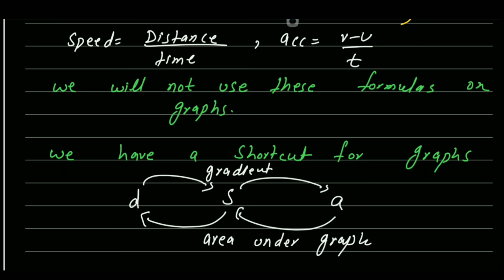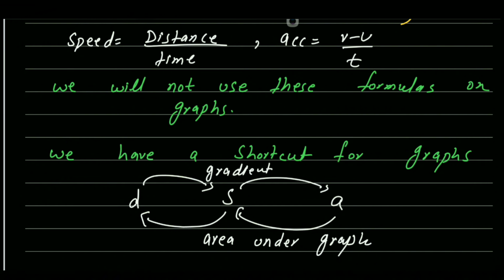D means distance, S means speed, and A means acceleration or deceleration. So if we have to find speed from distance, it means that we are going forward, we will find gradient. If we have to find acceleration or deceleration from a speed graph, we go forward, so we find gradient.